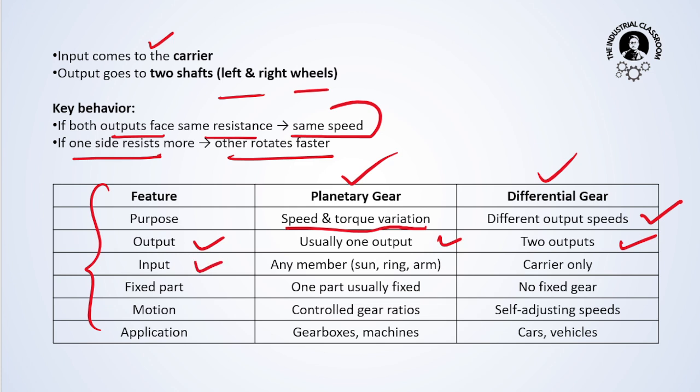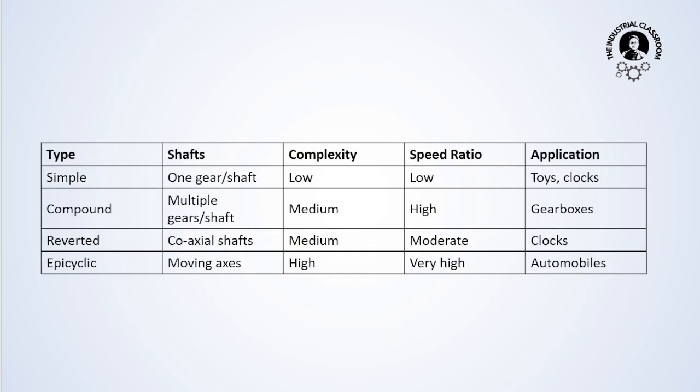The input is any member, like the sun, ring, arm we have learnt, but here the input is the carrier. The fixed part is generally one part. We can fix the sun, ring or arm, but here there is no fixed gear. The motion here we get is a controlled gear ratio, but here we will get self-adjusting speed. And the applications: gearbox and machines. Differential gears we use in cars and vehicles.